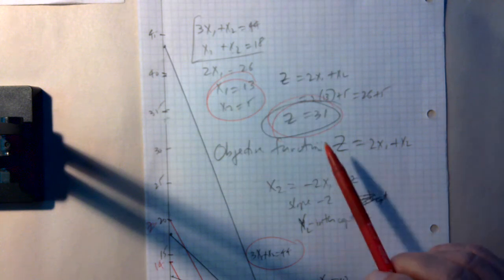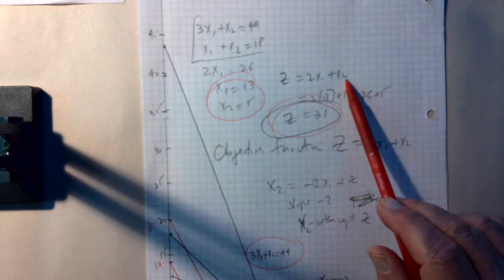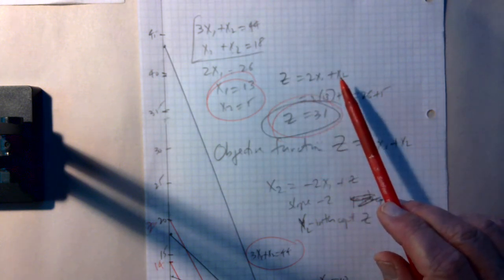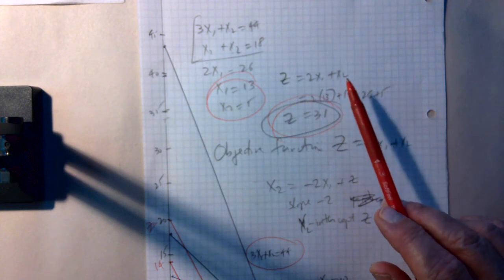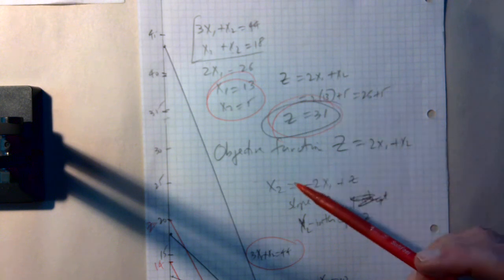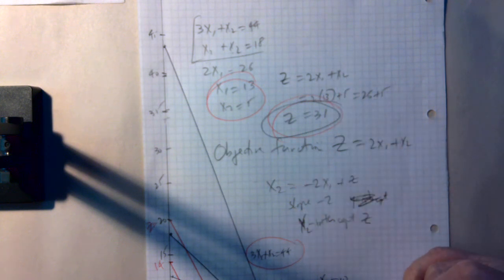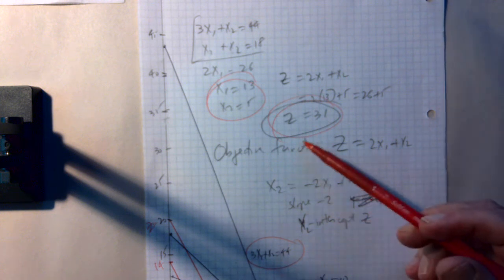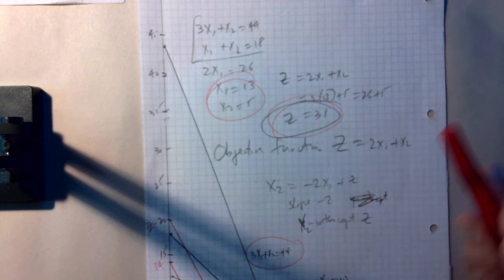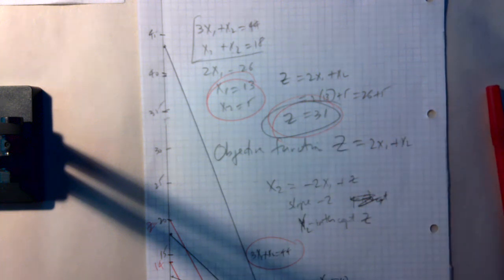You maximize the objective function 2x1 plus x2 subject to the 4 constraints that we had exactly at the point 13, 5 that satisfies all of our conditions. And you get 31 as the maximum value. That's the answer.